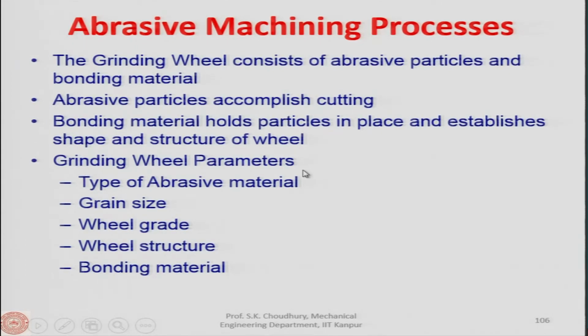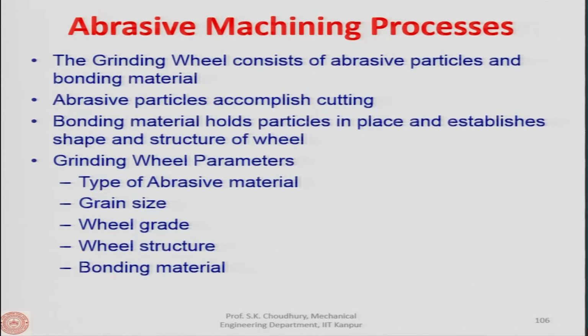Now, grinding wheel parameters: these are the 5 parameters: type of abrasive material, grain size, wheel grade, wheel structure and the bonding material. On these 5 parameters, the grinding wheel performance will depend.